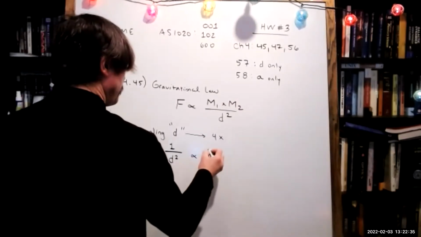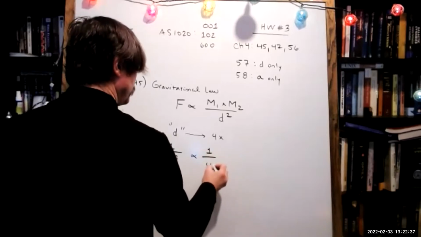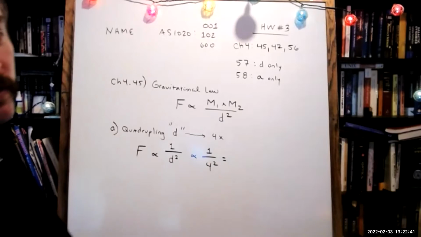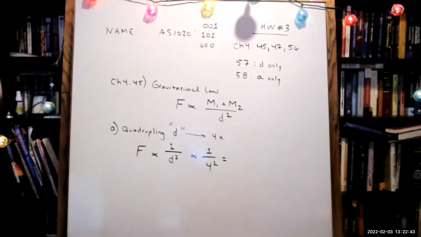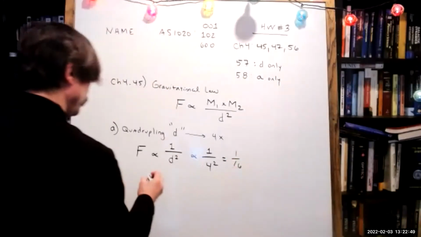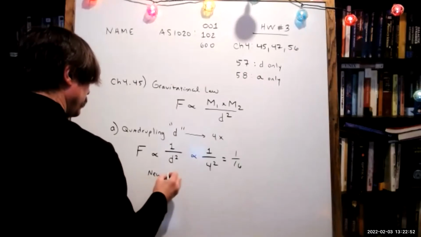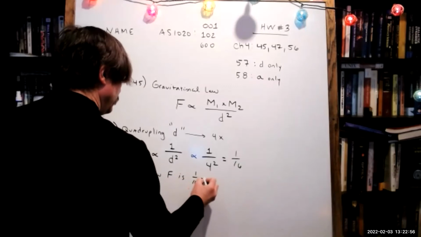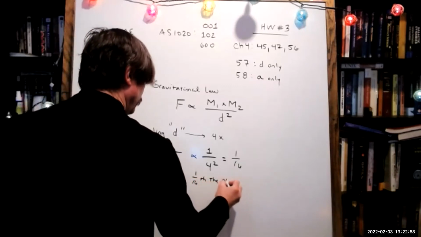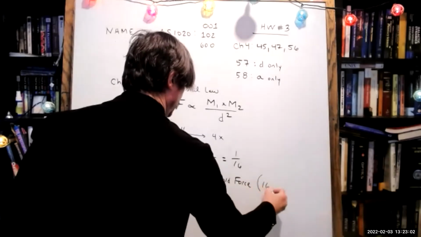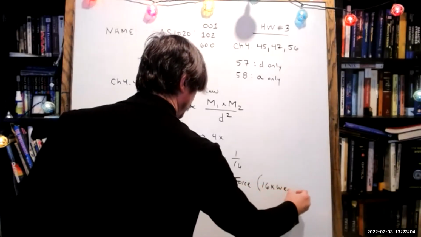We write it again, this time substituting in 4 squared. Now we turn it into an equals. So what's 1/4 squared? 1/16. The new force is 1/16 the old force, or put simply, 16 times weaker.